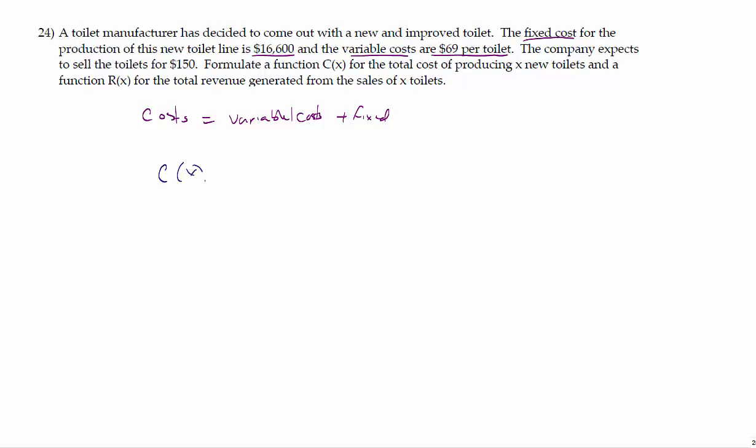So my cost function, C of X, where X is the number I'm producing, is going to be 69X plus 16,600. Now I need to find my revenue function. Revenue measures the money coming in. So you can think of it as quantity times price or demand times price.